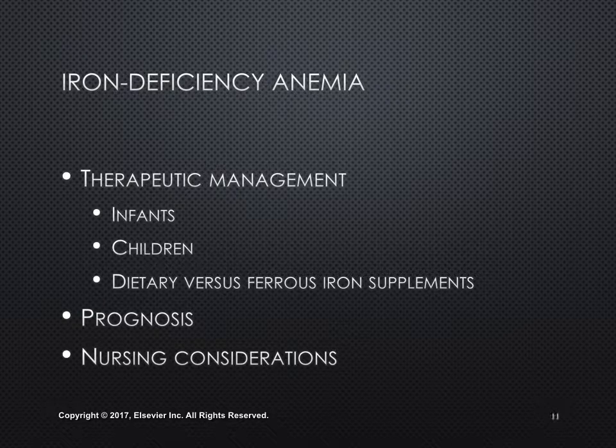As far as therapeutic management in infants, if they're receiving iron-fortified formula and iron-fortified cereal, they usually do pretty well. If they're less than 12 months of age, they should not be given fresh cow's milk, and what we're talking about is the variety that we buy in the grocery store, because that can increase the risk of the GI bleeding.